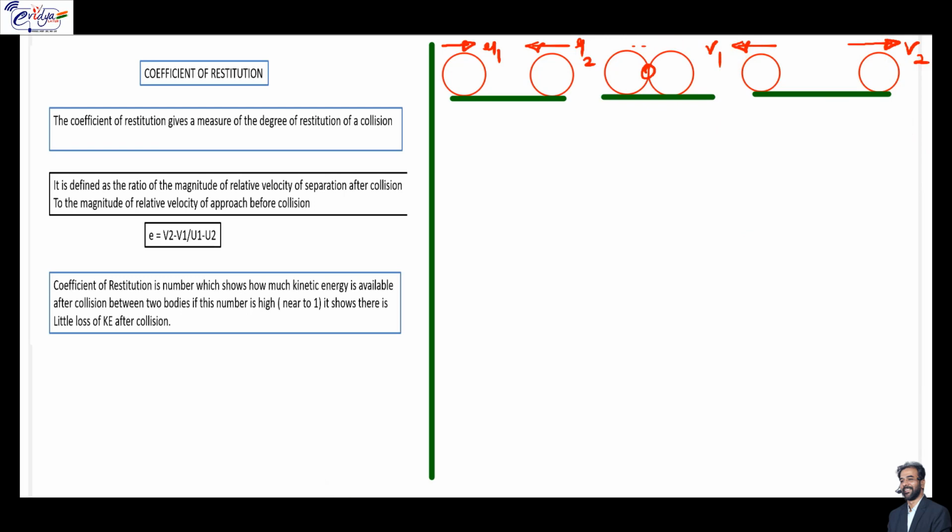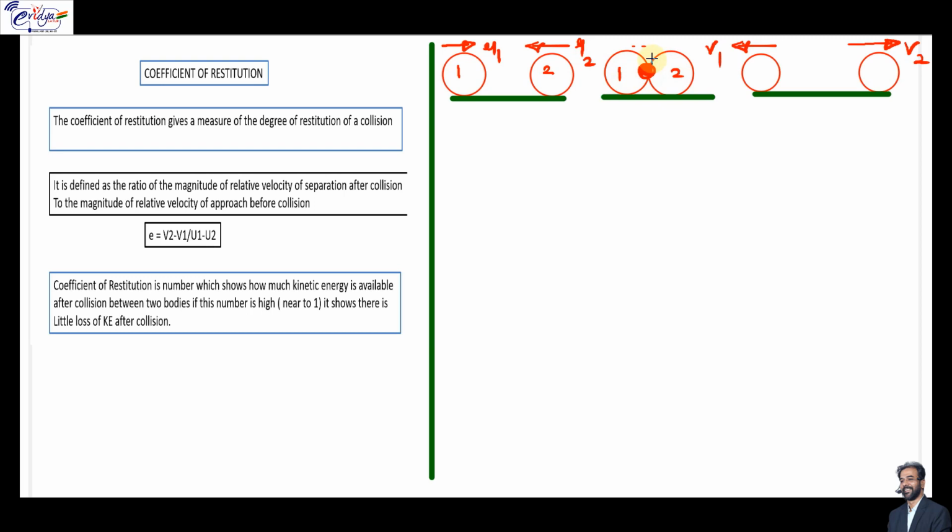See, this coefficient of restitution measures the degree of restitution of collision. What is restitution? Restitution is restoration. Let us say this body is body 1 and this is body 2. If body 1 collides with body 2, there is a maximum deformation of each of bodies 1 and 2.